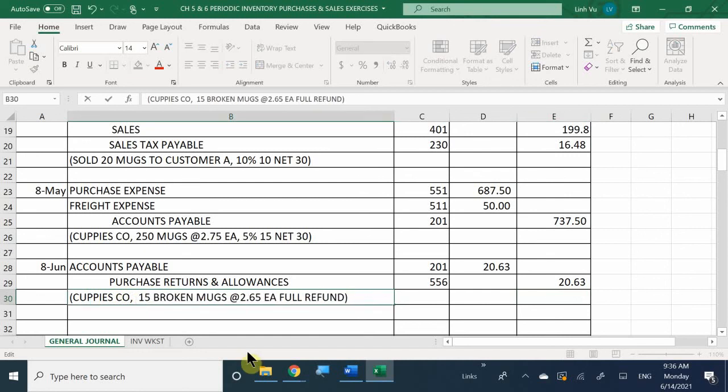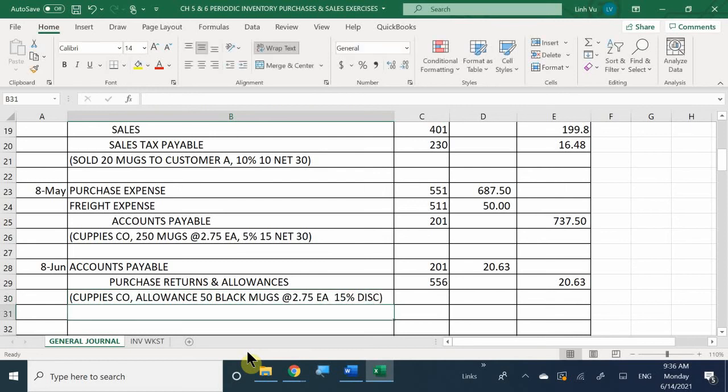In this case, Cuppy's Co., I got an allowance or a credit, however you want to associate it, for 50 black mugs at $2.75 each. And I didn't get a full refund. Instead, I got a 15% discount. Okay.